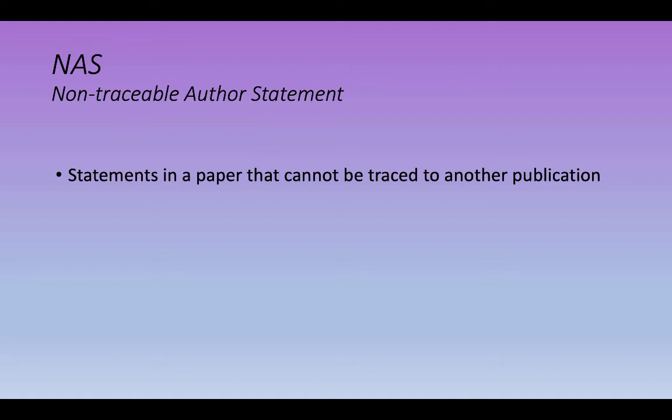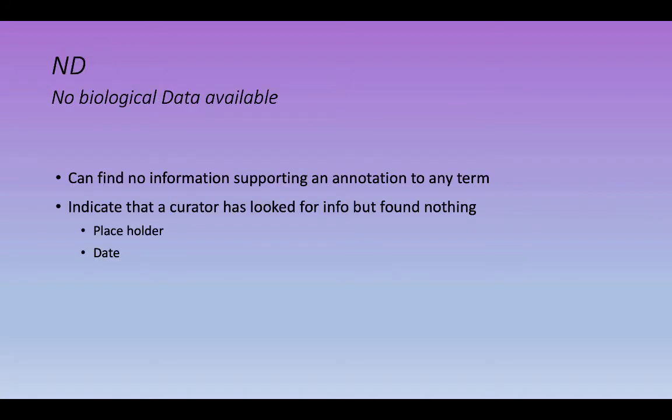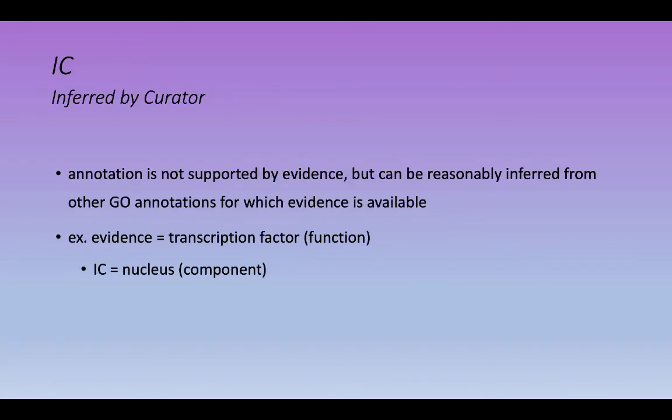There are non-traceable author statements, so statements in a paper that cannot be traced to another publication. An author might say something but not have a good resource for it, but says they've seen it. And then there are cases where someone might just say something and there's no biological data available to support it. Often this is something where a curator has looked into something but hasn't found anything.